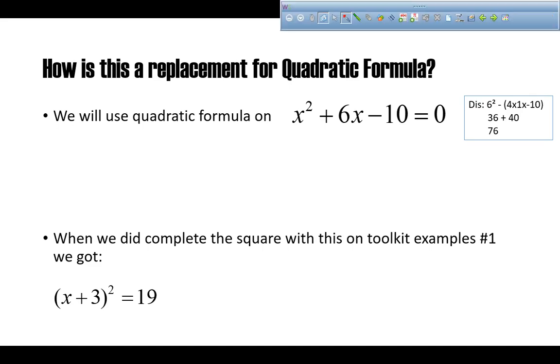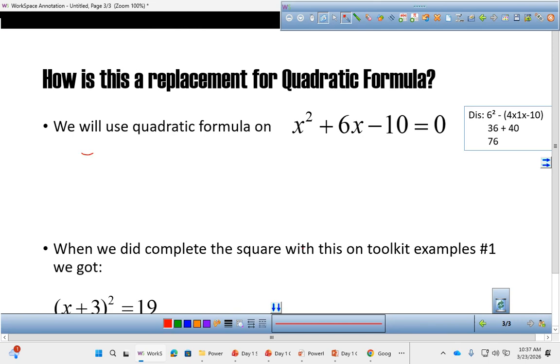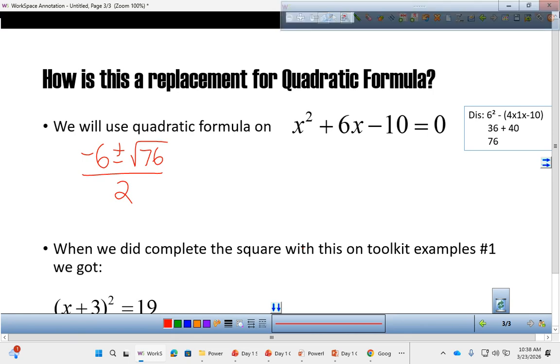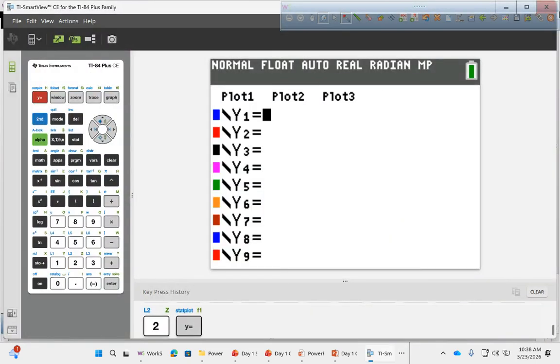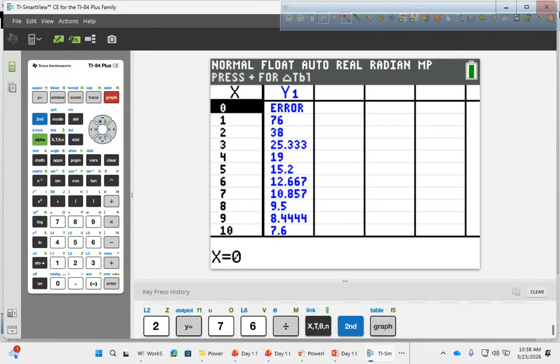So in quadratic formula, it's the opposite of B plus or minus the square root of the discriminant, all over 2 times A, which in this case is 2. Now, if I'm looking to simplify that 76, I believe it goes into 4. So when we're simplifying perfect squares, I'm going to use 19 and 4 for that.